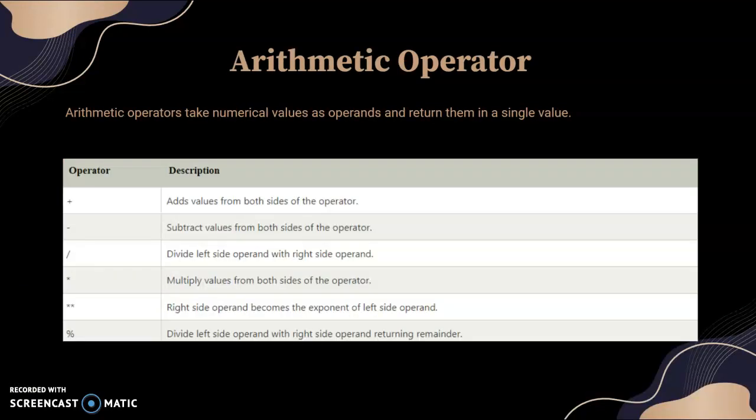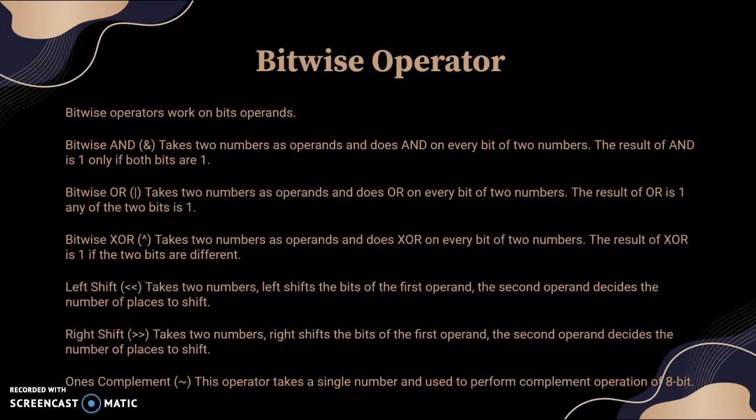An arithmetic operator is just the math operators. So you have plus, minus, division, multiplication, exponents, and modulus. The bitwise operators are bitwise AND, bitwise OR, bitwise XOR, left shift, right shift, and complement.